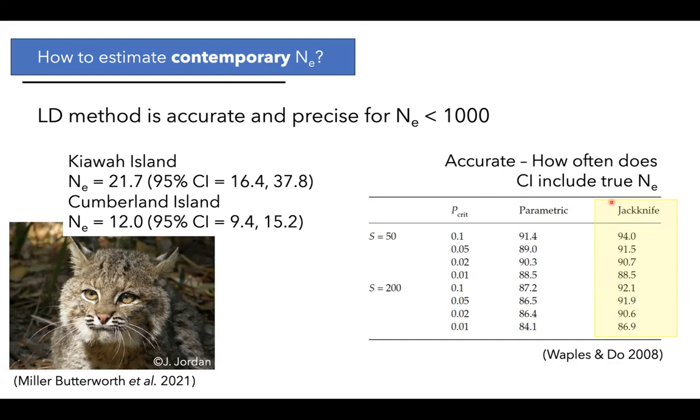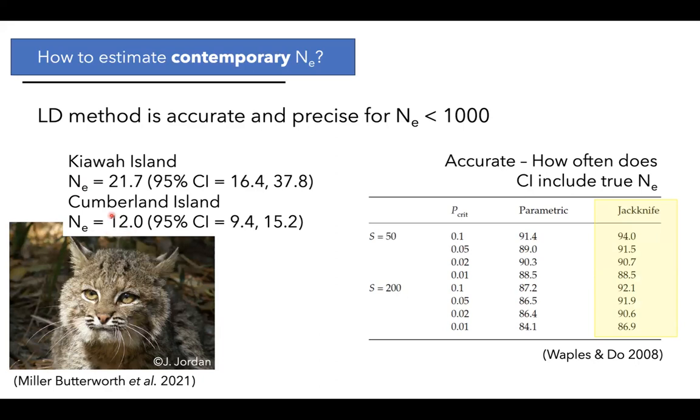Now, how big is that confidence interval? Well, again, if you're looking at small populations, here's an example from real data. This is something that Cassandra Miller Butterworth and I were working on, looking at coastal island populations of bobcats in Georgia and South Carolina. And we very successfully used this method.